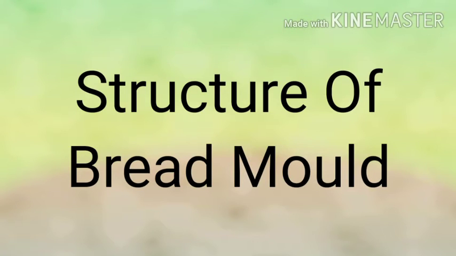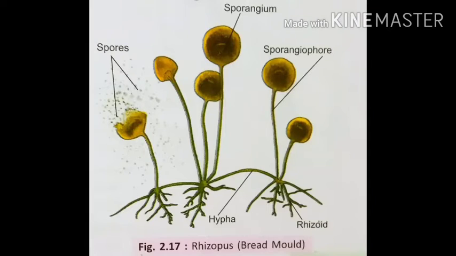Bread mold is a multicellular fungus. It appears as a white cottony growth on stale bread. It consists of thread-like filaments called hyphae, and the network of hyphae is called mycelium. Some hyphae grow downwards, and these structures are called rhizoids.